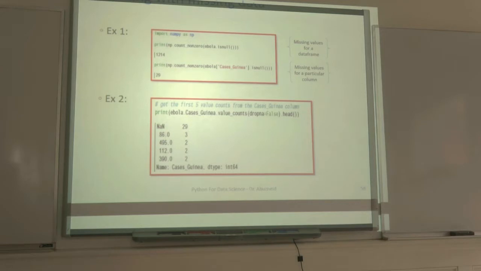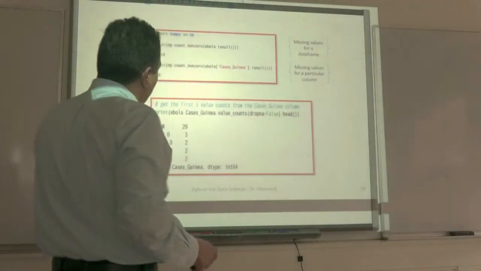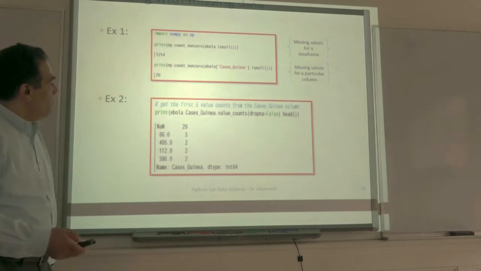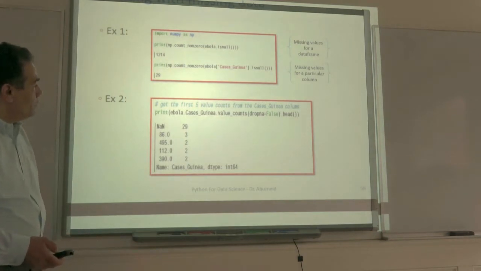Is it one or two values or much more than that? So there are tools provided for you to do that. Right? All right. So you know how many the missing values are.